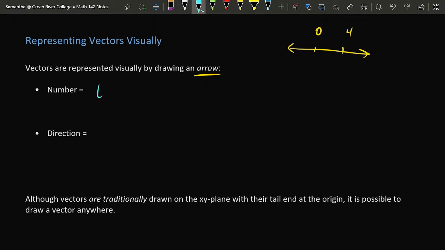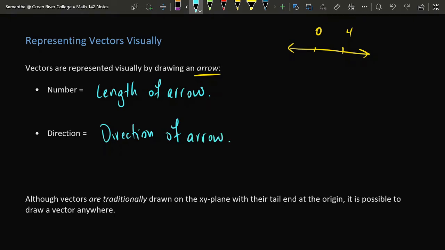The length of the arrow that you draw should be a match to the number that's being communicated by the vector. And the direction of the arrow that you draw should be a match to the direction of the vector.